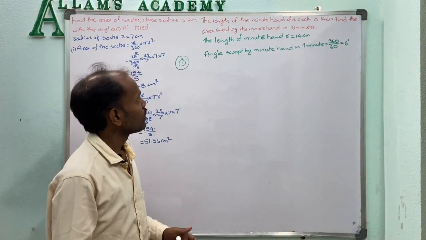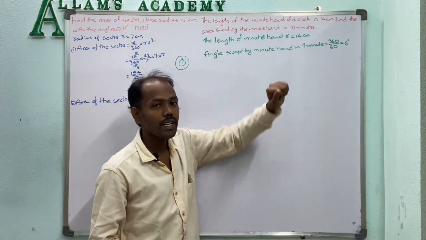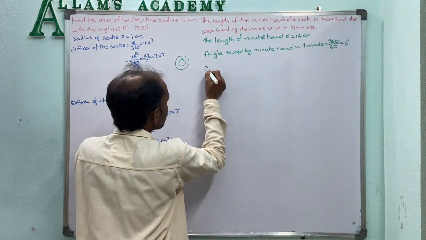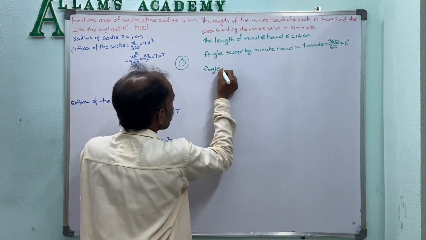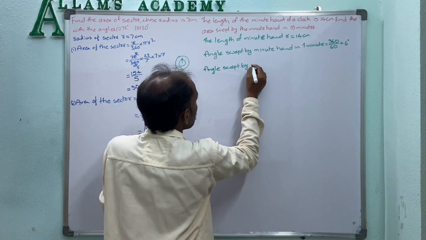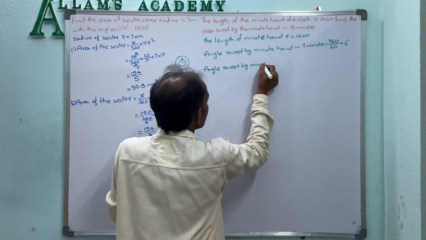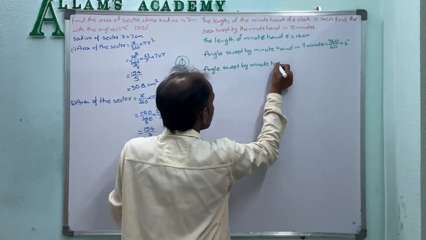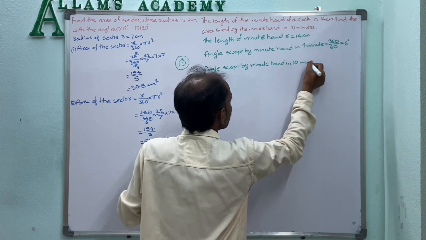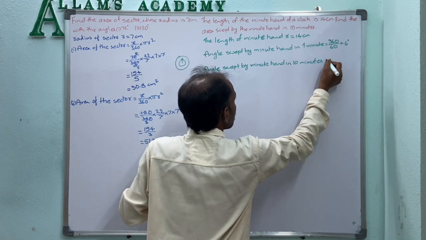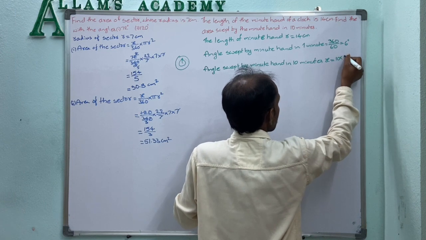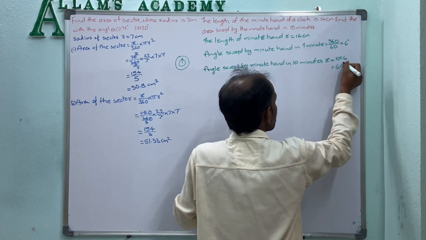Okay, but we are given 10 minutes, so how much will be swept? So the angle swept by the minute hand in 10 minutes, that is x, equals 10 into 6, that equals 60 degrees.